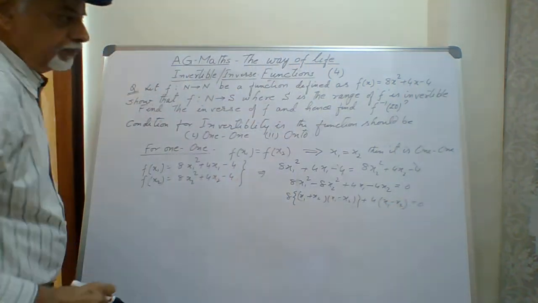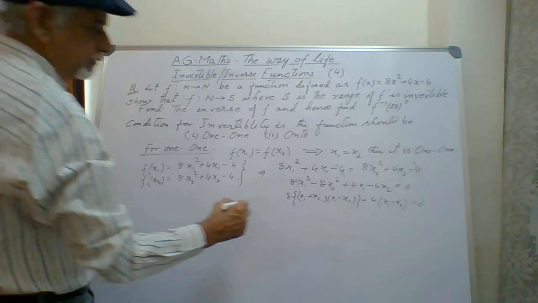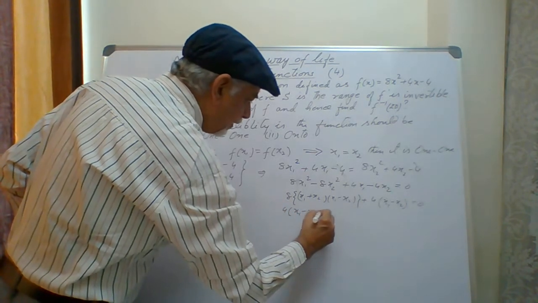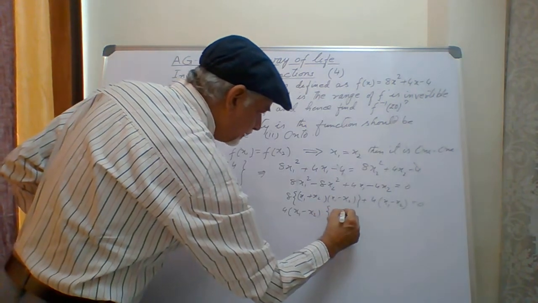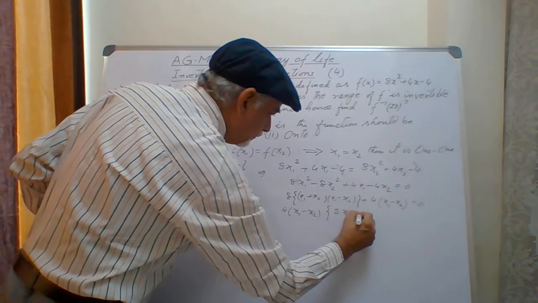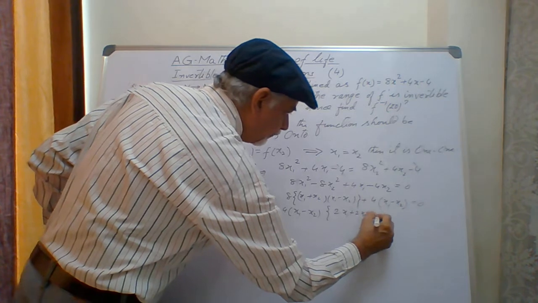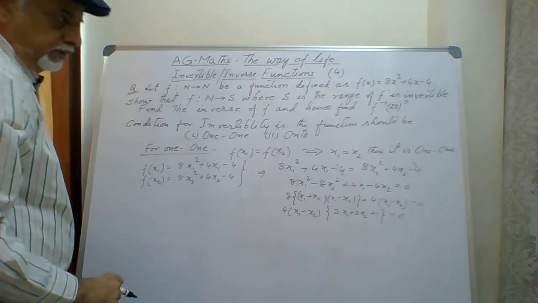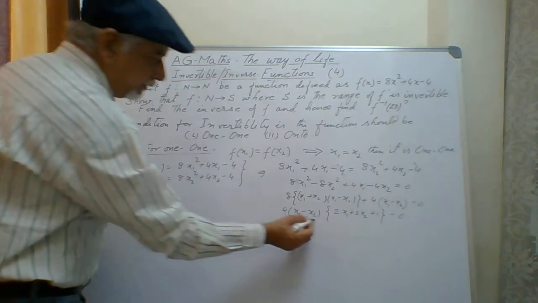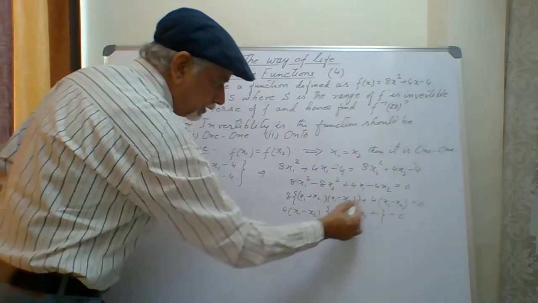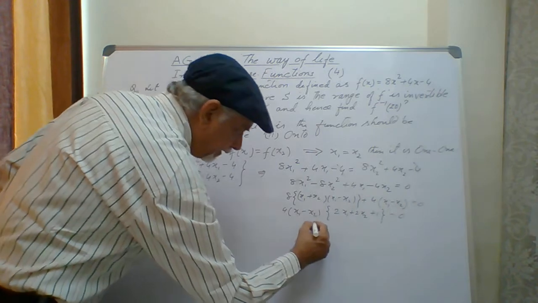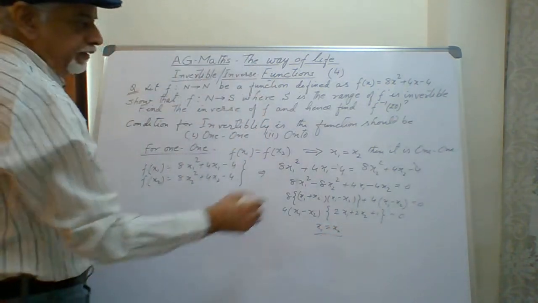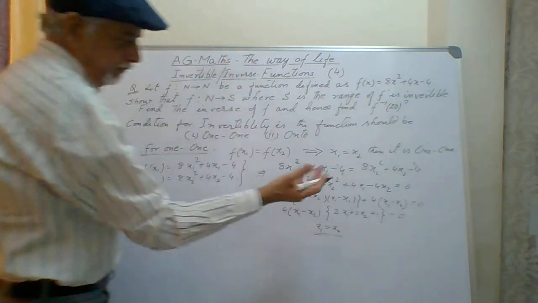The common term is 4 times (x1 minus x2). So we write 4(x1 minus x2) as common, and what remains inside is (2x1 plus 2x2 plus 1), which is 0. As per the product rule, either this part is 0 or that part is 0. If this part is 0, then x1 is equal to x2. And if this is 0, then we get some other relation.